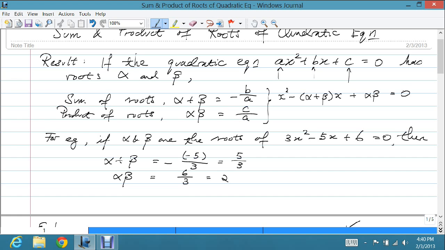So how did this come from? Well, if alpha and beta are the roots, I should be able to write it in this way, and when I expand it out, this is what I get. So if I put the sum here and the product here, this equation will always have roots alpha and beta.